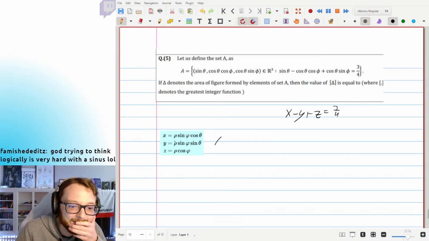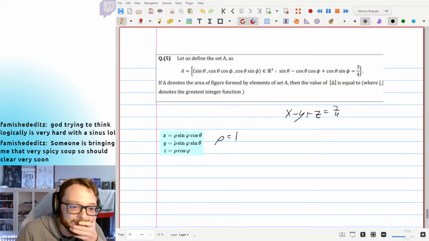If rho equals 1... that spicy soup should clear things up very soon. Oh, nice. And if that phi is equal to pi over 2 minus that theta, we would be in business.